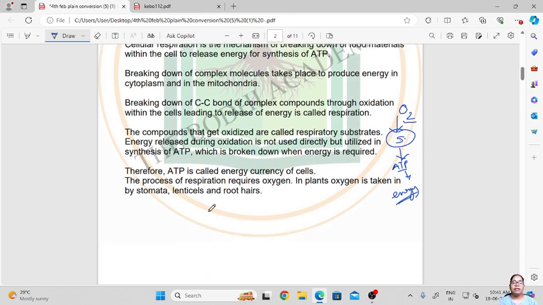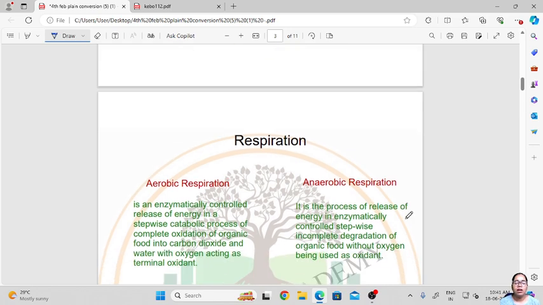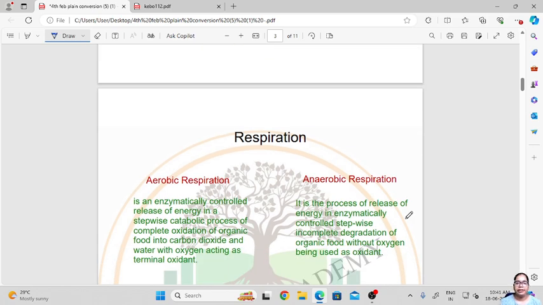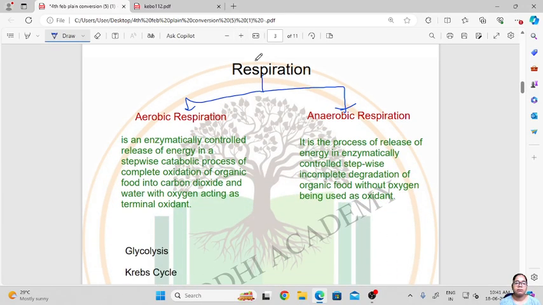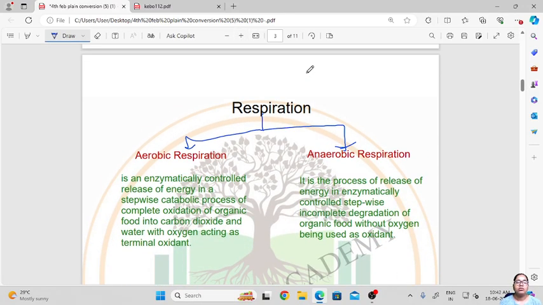So now let us see which are the two types of respiration that happen in organisms. Respiration is divided into two types, that is aerobic respiration and anaerobic respiration. So what is aerobic respiration?